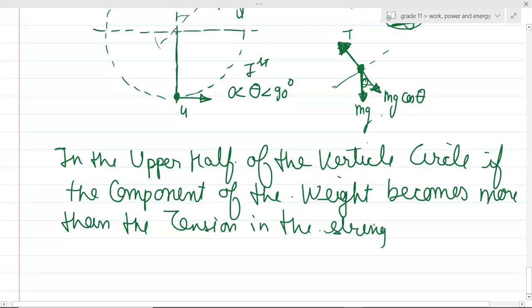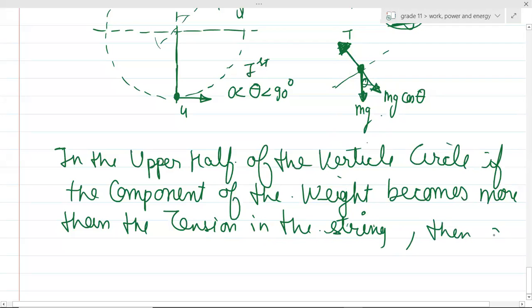Can you see together this particular thing, the tension and mg, they are together providing the centripetal force, right? So what will happen if the mg cos theta component becomes more than the tension in the string?